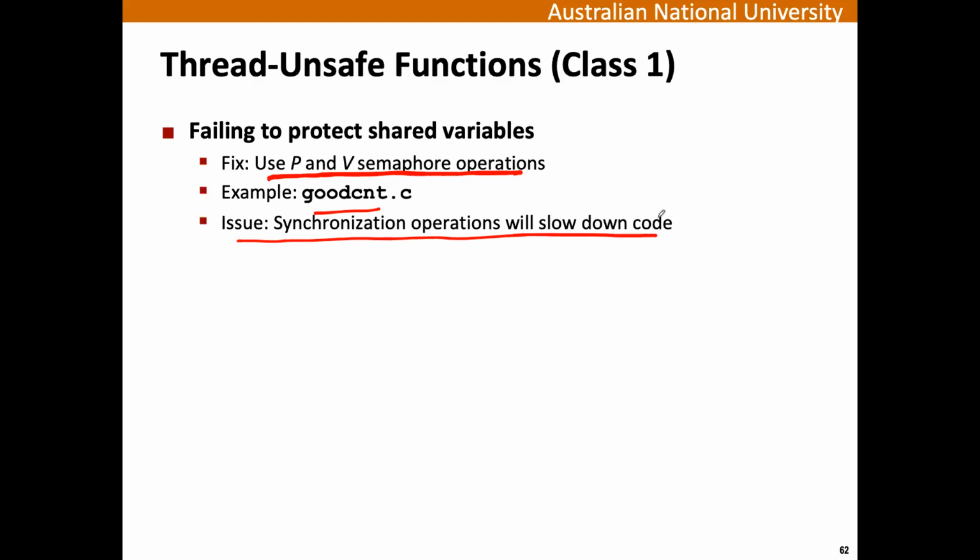You trap inside the kernel whenever there's a P operation and V operation, and that's an expensive operation. There's a system call, there's a trap, and then the CPU jumps to a different instruction somewhere in memory, and then a lot of things happen.